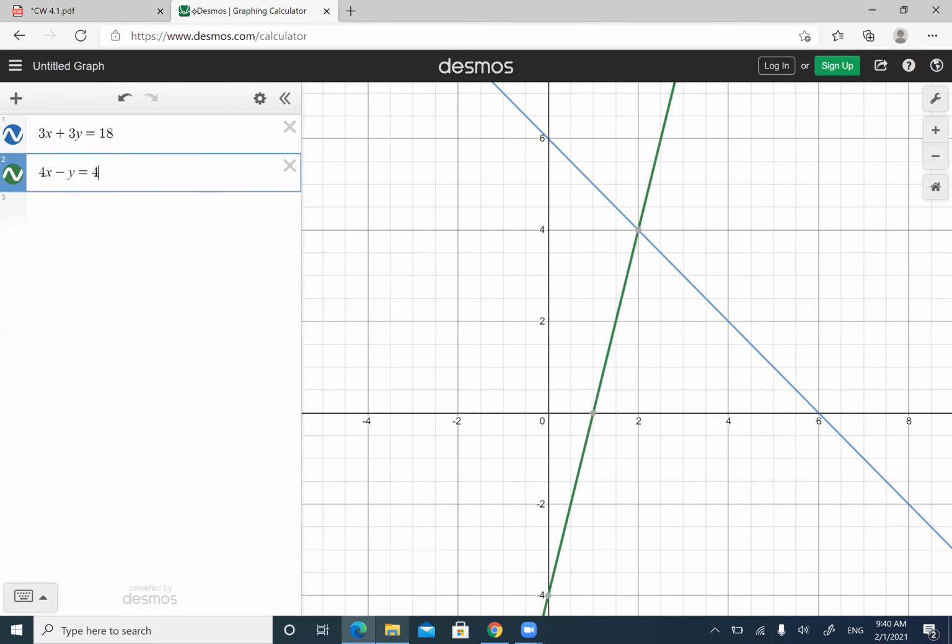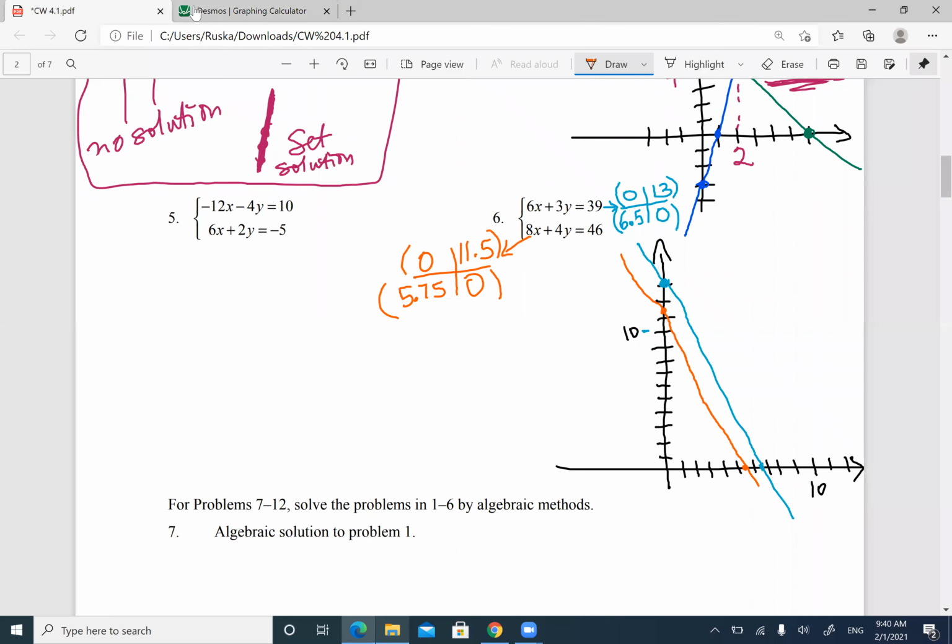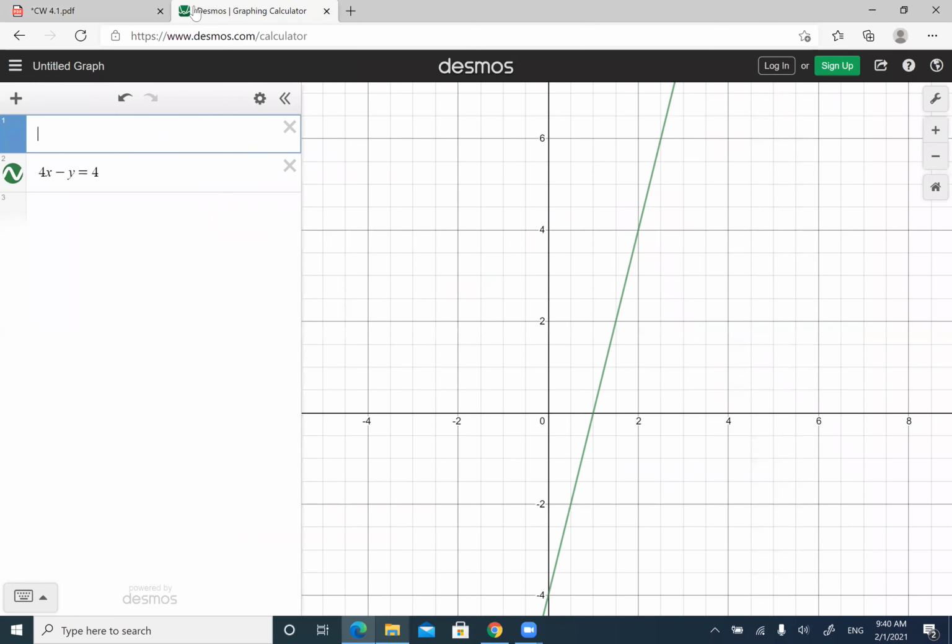Okay, let's check it here, because it kind of looks like they're parallel, but let's see. So we have 6x plus 3y equals 39. That's the first one.